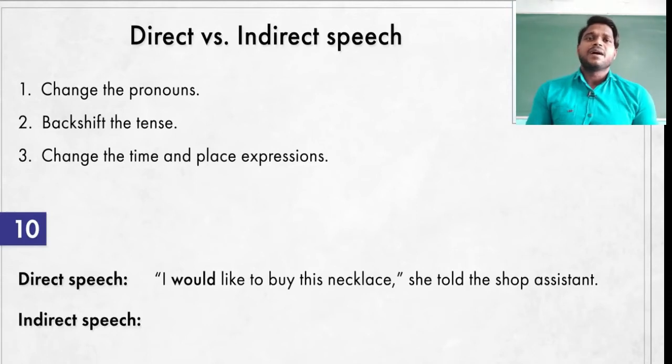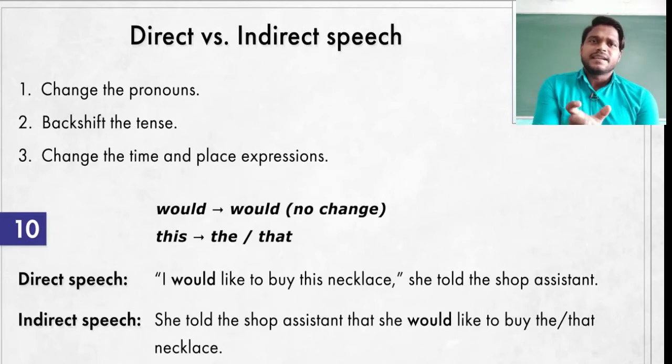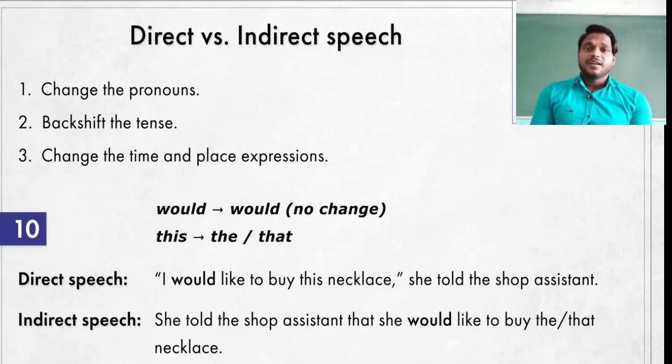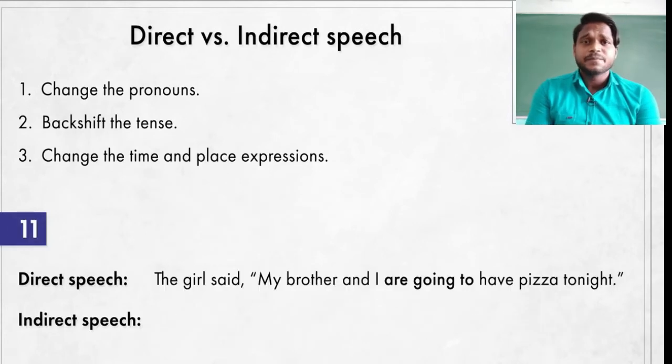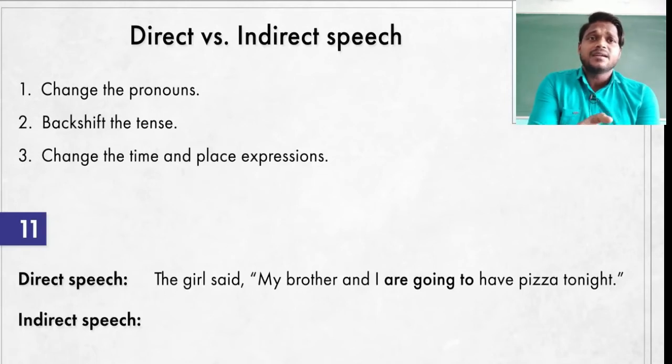The girl said my brother or my mother, any subject you can add. Okay, the girl said my brother and I agree, or you can say the girl said my brother and I are going to have pizza tonight. So what will be the sentence of that in indirect speech? The girl said that she and her brother.